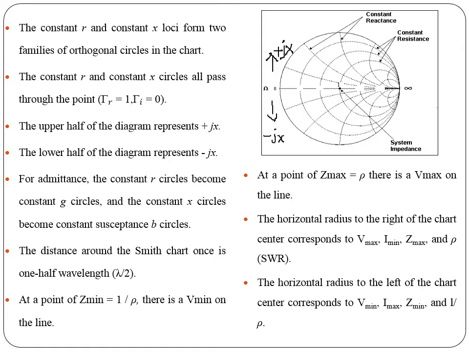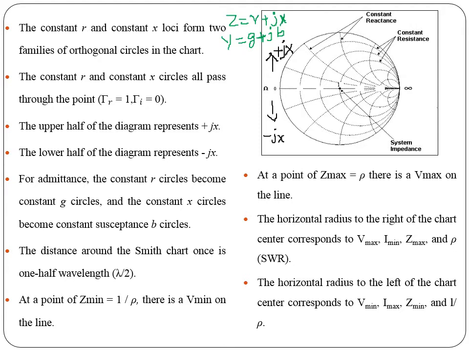For admittance, the constant R circles become constant G circles and the constant X circles become constant susceptance B circles. On the chart, impedance is represented in R plus jX form and Y is in G plus jB form.